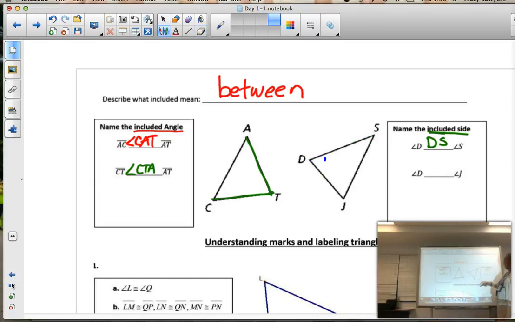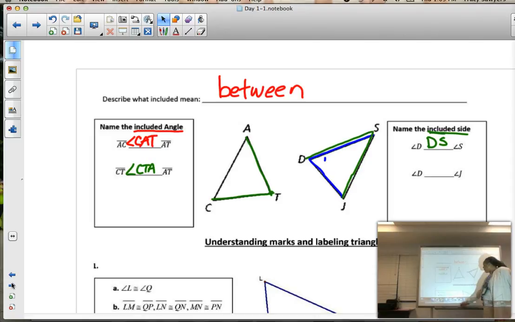Angle D is actually made up of JD and SD, yeah? So that's my green, my blue. Now I'm going to pick up my green and do my angle S. It's made up of JS and SD. Where do they overlap? DS. So that's how I identify my included side. Make sense? Okay, can you do the same thing for D and J?